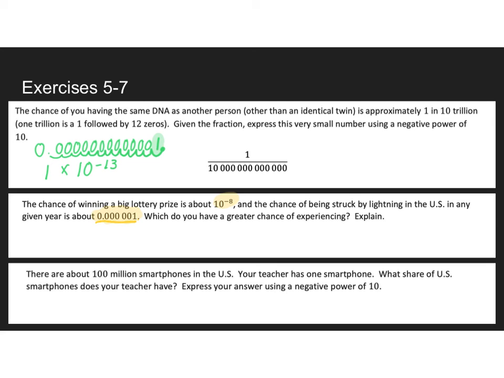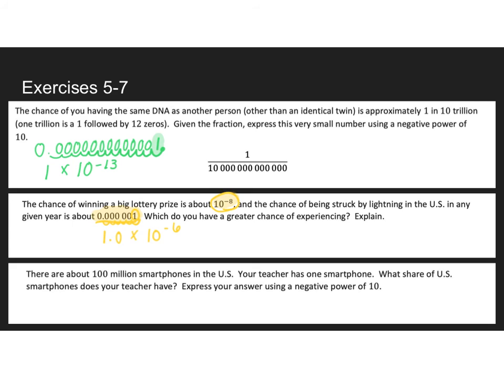So I know that this is my leading digit, so I'm trying to move this decimal to be right after it. So this is the same as moving it back 1, 2, 3, 4, 5, 6 spaces. So this is the same as 1.0 times 10 to the negative 6th. Okay?